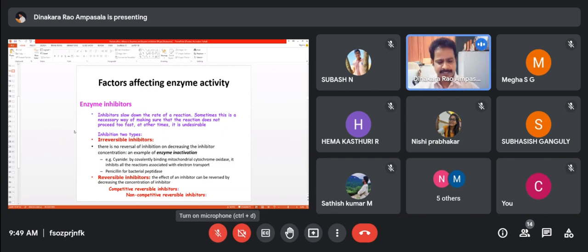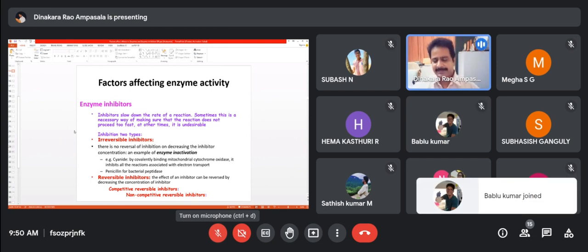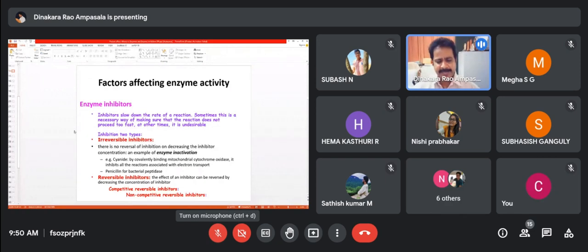Some molecules increase its level of activity, which we call enhancers, and some molecules decrease enzymatic activity, which we can call inhibitors or suppressors.